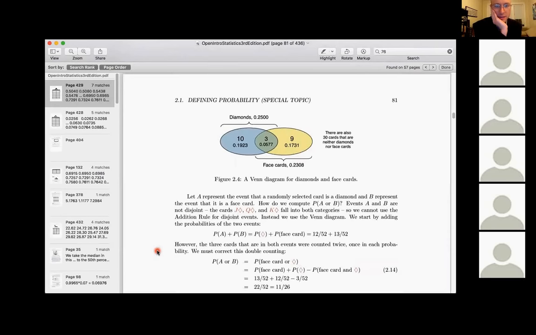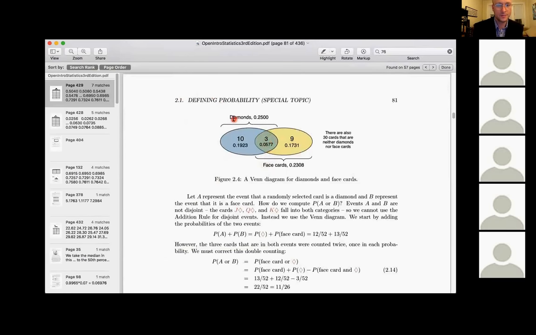And this is where Venn diagrams, I think, can be helpful as well. As you can see, you might have face cards and you might have diamonds, but they're not mutually exclusive, because there are some face cards that are also diamonds.